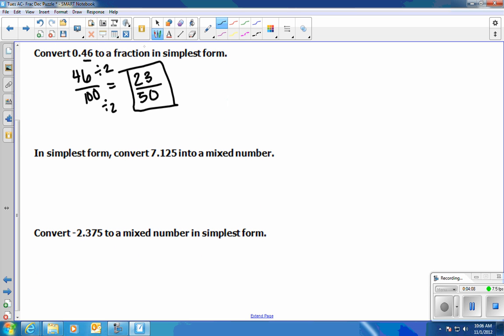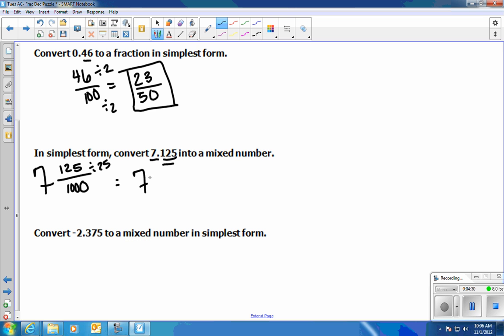On the next one, this one has a whole number. That whole number just goes in front of the fraction. This is the part that we need to put in our fraction. That is 125 thousandths. So again, 3 decimal places, 3 zeros. The 7 again just hangs out in front. I'm going to divide by 25.